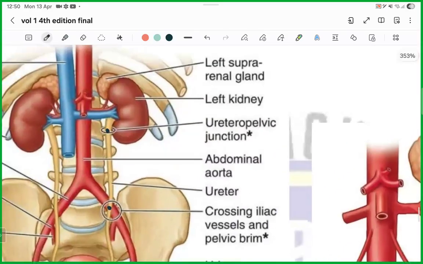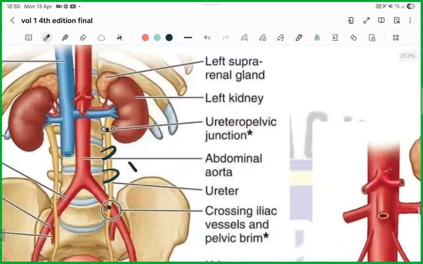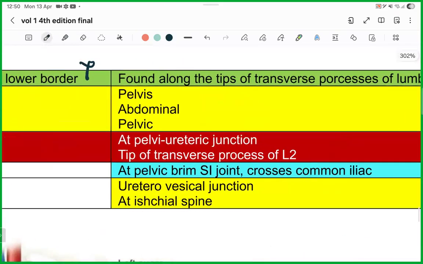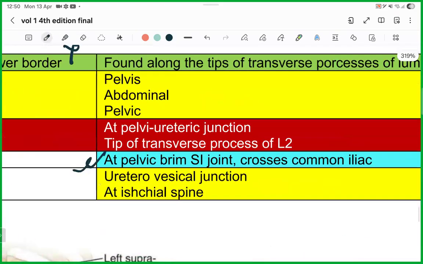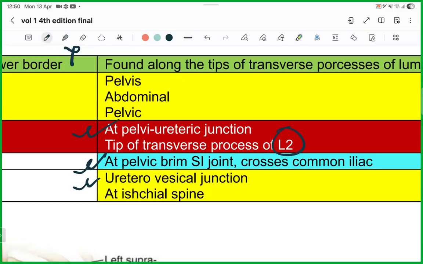So there will be the stone, and it's along the lumbar vertebra transverse processes. At the pelvic brim, at the ureterovesical junction, at the ischial spine, at the pelviureteric junction. Tip of the transverse process of L2.